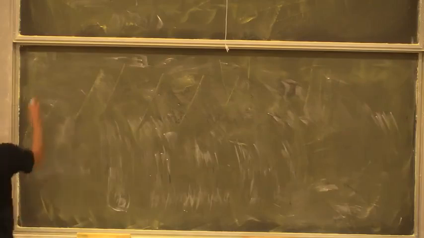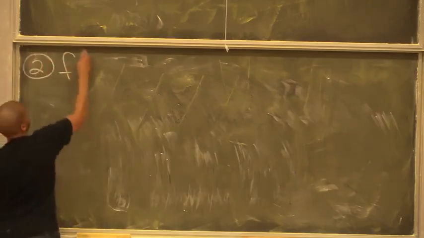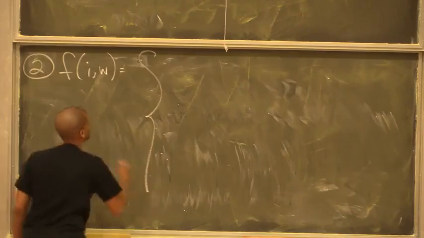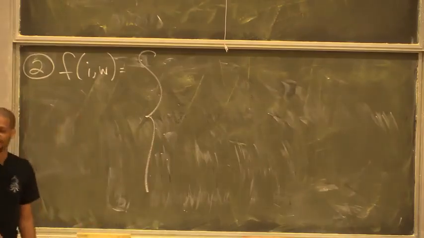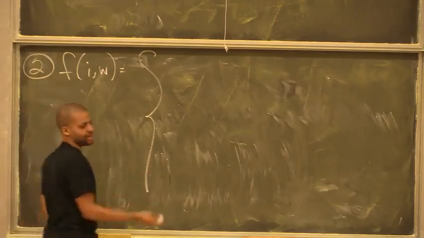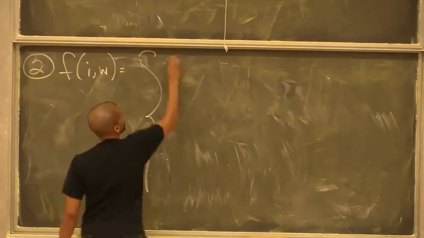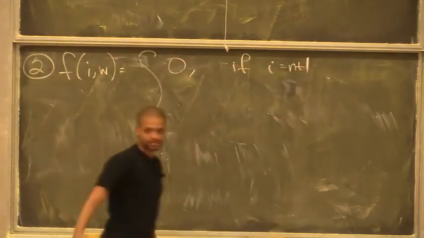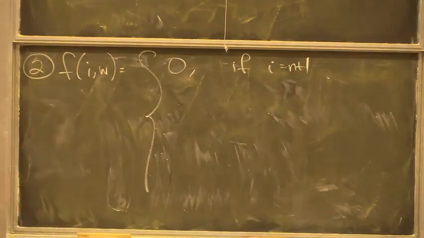So what's the recurrence? f of i, w, with lowercase w, is equal to, what's the base case? The base case is, for example, there are no more items left, in which case the best value I can get is 0. So 0 if i is equal to n plus 1, there are no more items left.